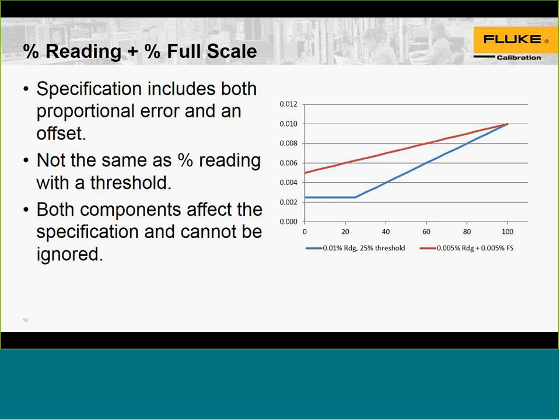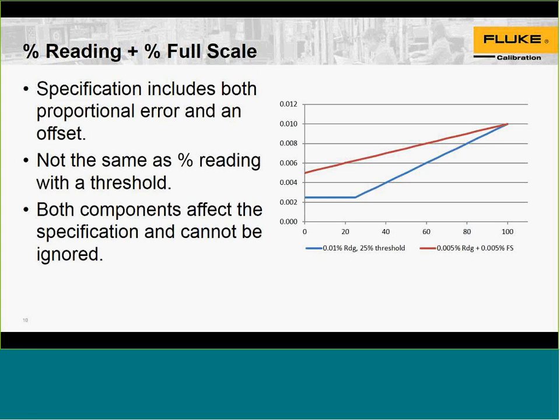The plus full scale specification is fairly common in pressure devices. This specification includes a proportional error and an offset added together. It's a percent of reading with a threshold. As you can see in this plot, percent of reading with the threshold is the blue plot, where you have the percent of reading down to a percent threshold.